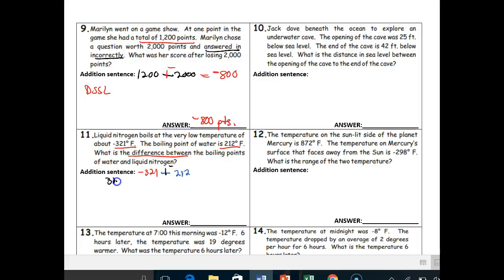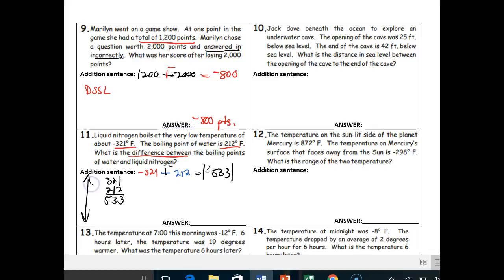And when I add 321 and 212 together, because it's an SSAK problem, I get 533, and some of you might say, all right, negative 533. However, there's no such thing as the change is negative 533 degrees, right? The distance between 10 and negative 10 on the number line is 20 spaces, right? We're going to use the absolute value here because we're looking for the difference in a vertical distance.